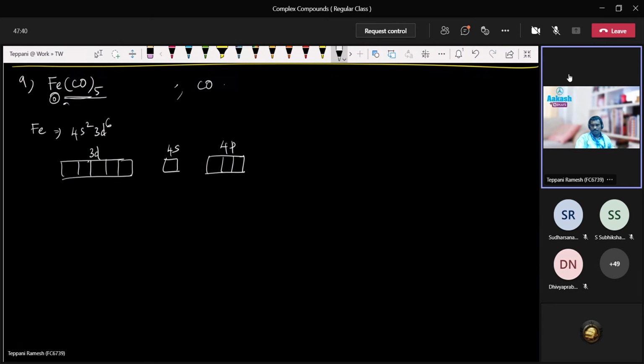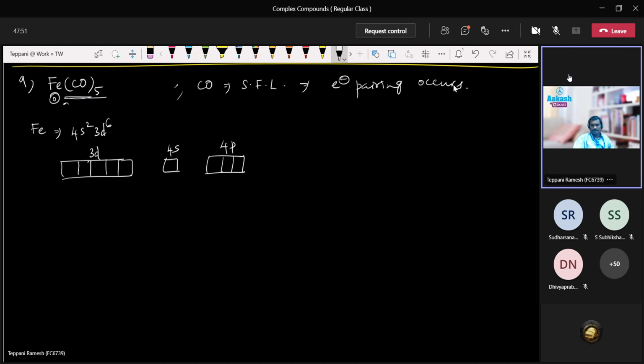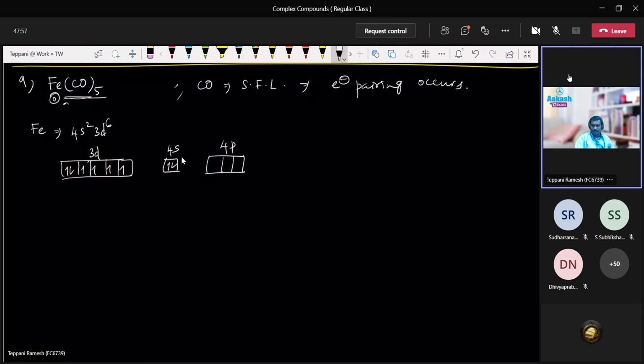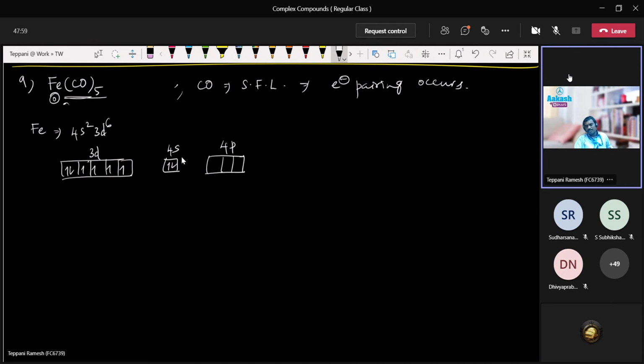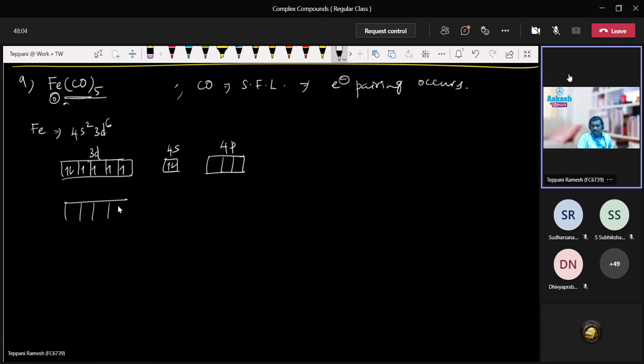CO is a strong field ligand, so electron pairing occurs. Even against Hund's and Aufbau rule, electron pairing takes place. Fill up here, 8 electrons.